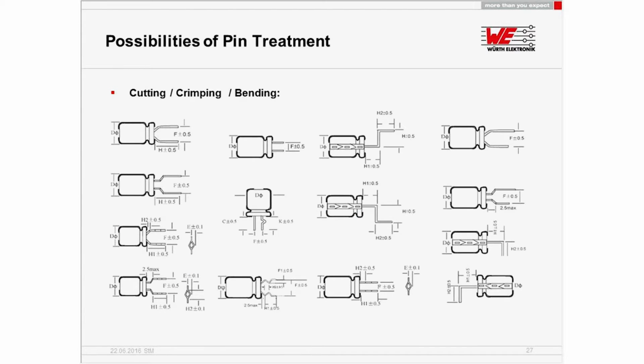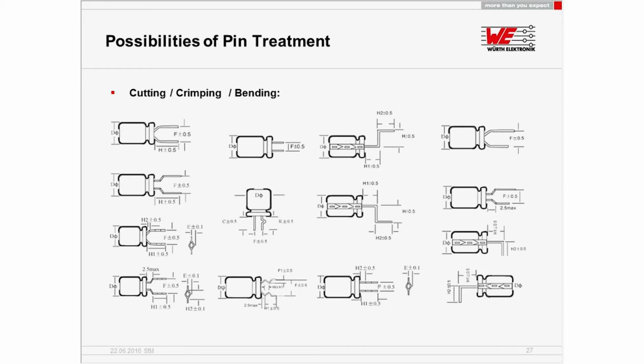Also, I want to show you some possibilities of pin treatment. So what you normally can do with the pins of a THT product, you can cut them, you can crimp them, you can bend them. This can bring you some benefits, especially if you want to avoid wrong polarization. In the second column in the middle you see one with a small U in the pin.